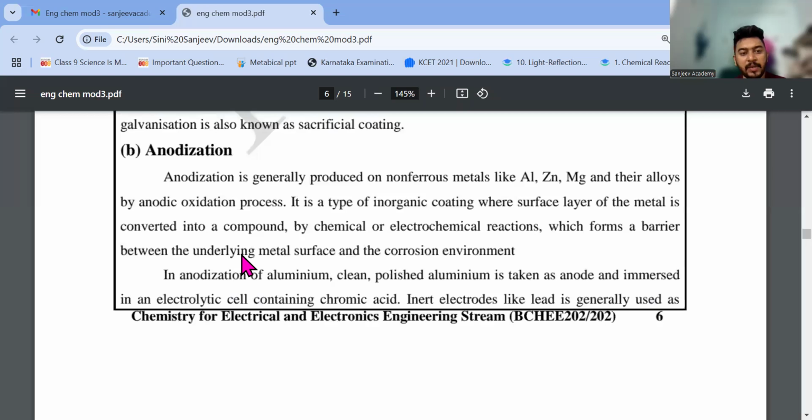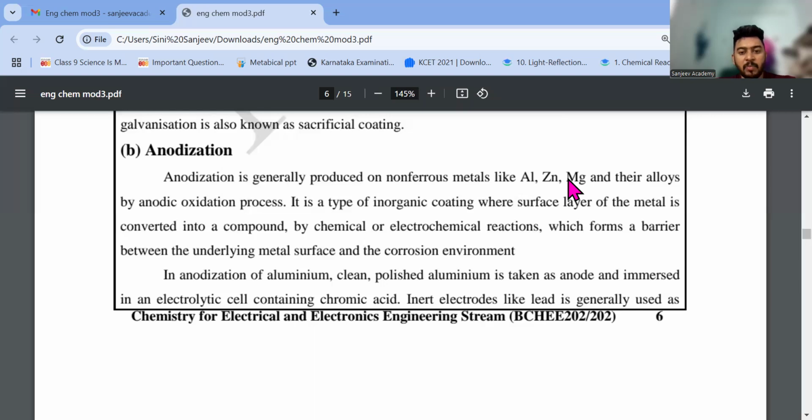Then the next one is anodization. Anodization is the thing, but again I'll be taking the same thing, just like aluminium, whatever metals are there which don't undergo corrosion, correct? Zinc, magnesium, alloy, all of those things. Correct? So here what happens is that I'm going to coat the same metal, on the surface another metal, but that will be formed as one single compound.